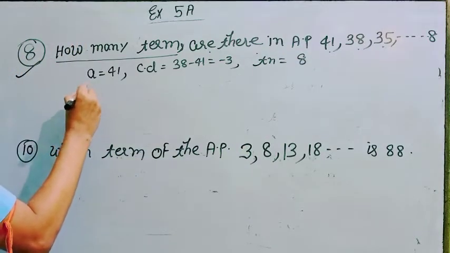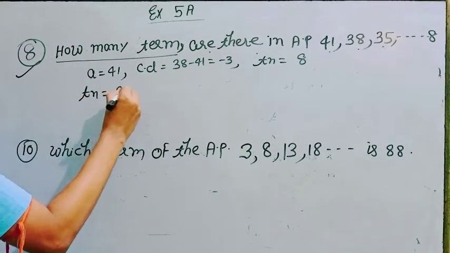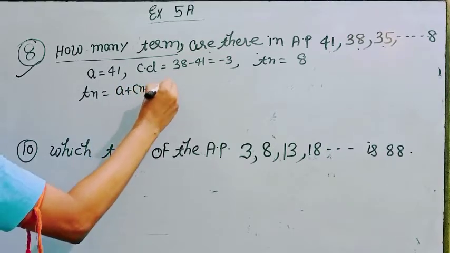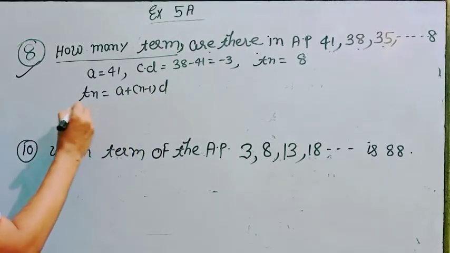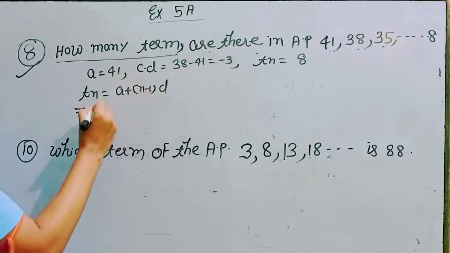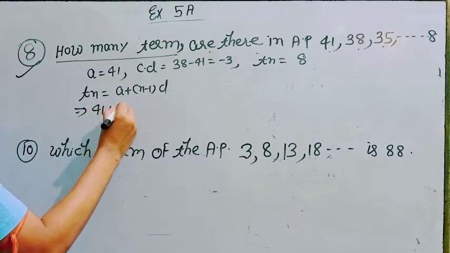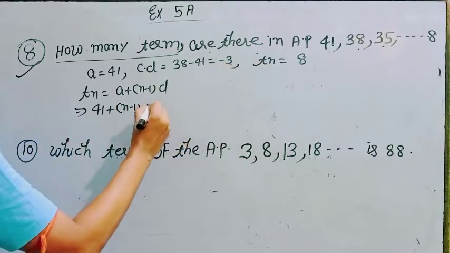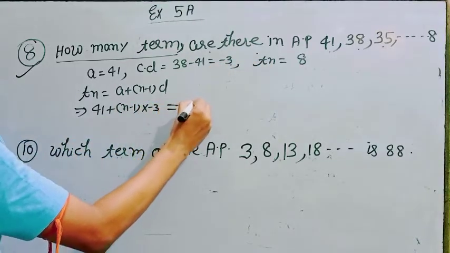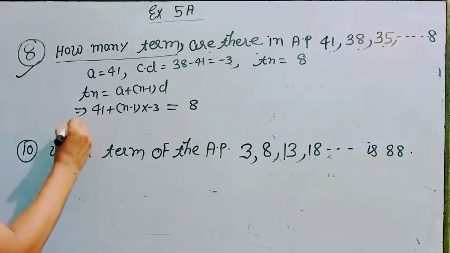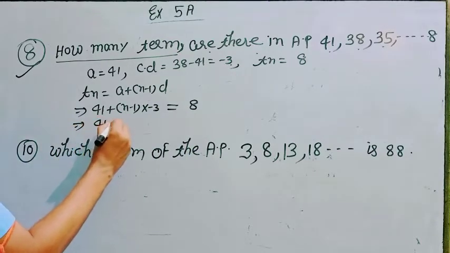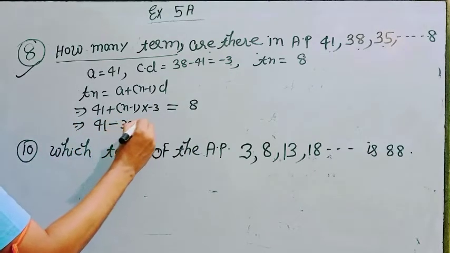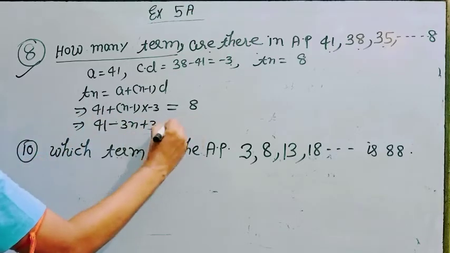And the formula is Tn is equal to A plus n minus 1 into D. So you write here, at the place of A, 41 plus n minus 1 into D. What is D? D is minus 3, and this is equal to 8.